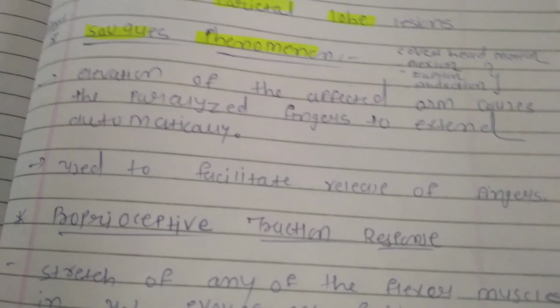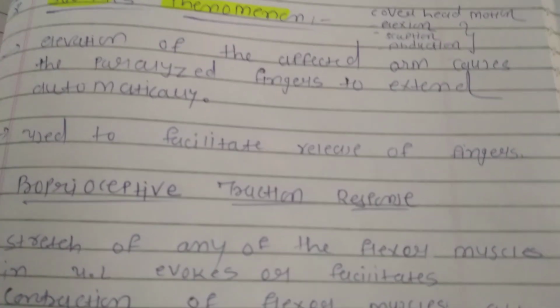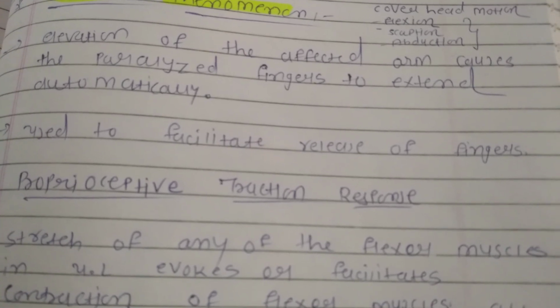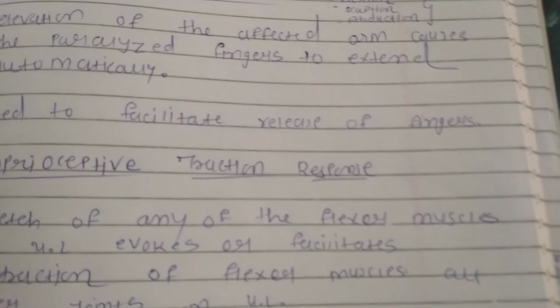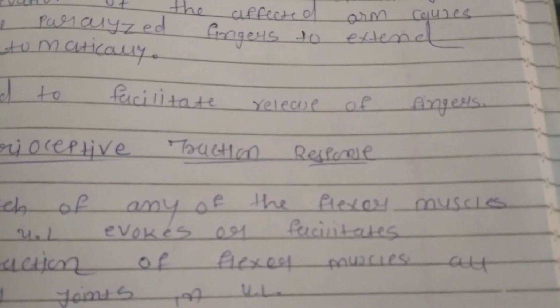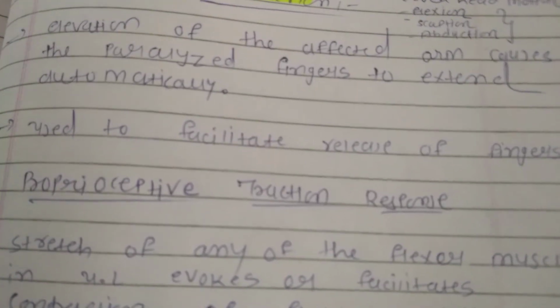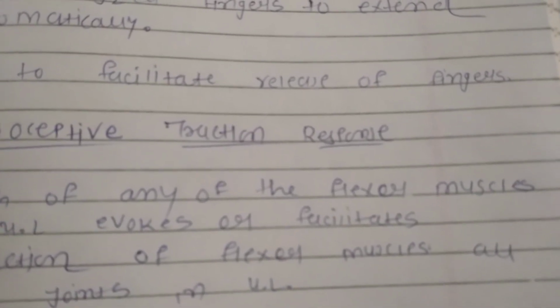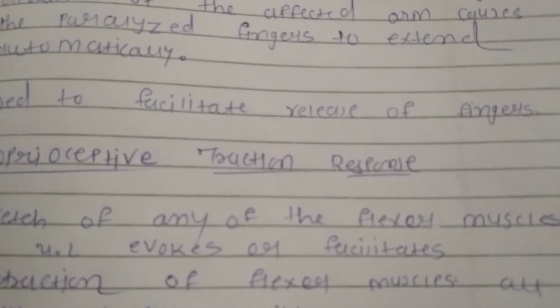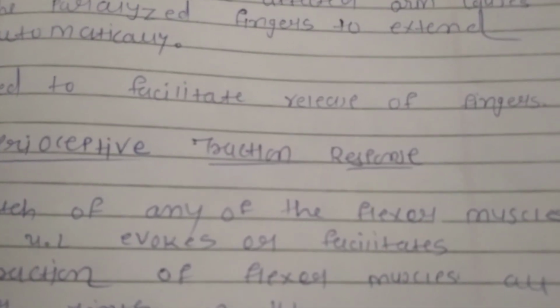Souques phenomenon. Which phenomenon was before that? Raimiste's phenomenon. There are two phenomena: Raimiste's phenomenon and Souques phenomenon. And then there is synkinesis: homolateral limb synkinesis, then mirror synkinesis.